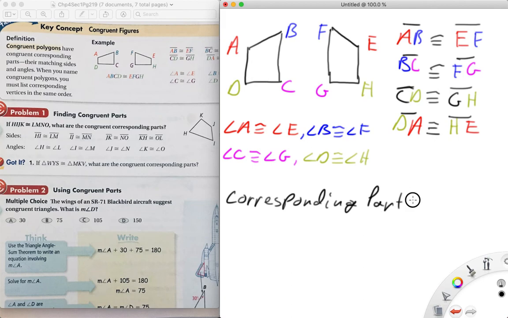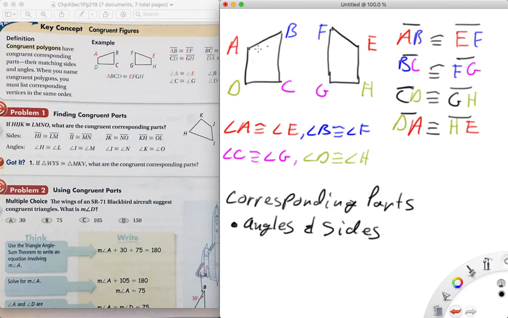Very similar to how we did the parallel lines and the transversal. We did corresponding, like top right, top left, the part the book calls matching. We also have corresponding sides and angles. In this case, angle A corresponds with angle E, which is why A is congruent to E. B corresponds to F, C corresponds to G, D corresponds to H. Corresponding parts apply to angles, and they apply to sides.